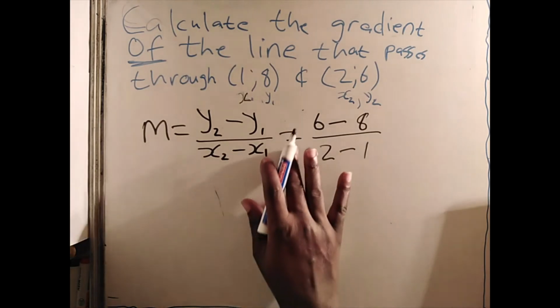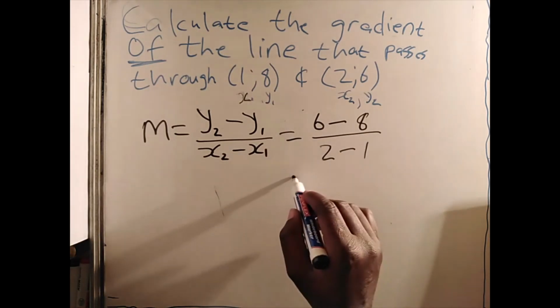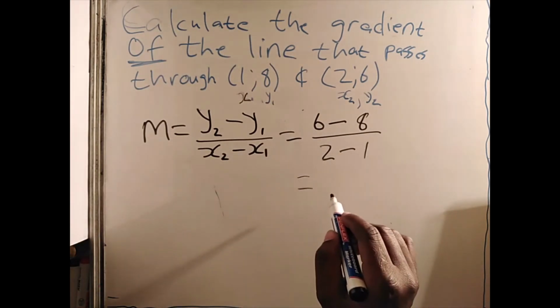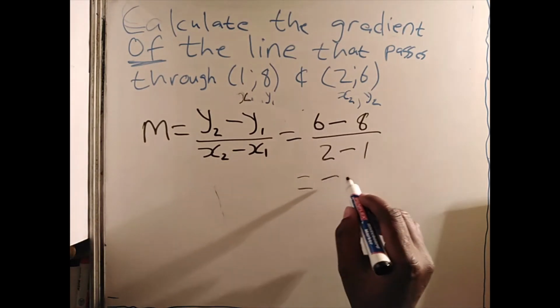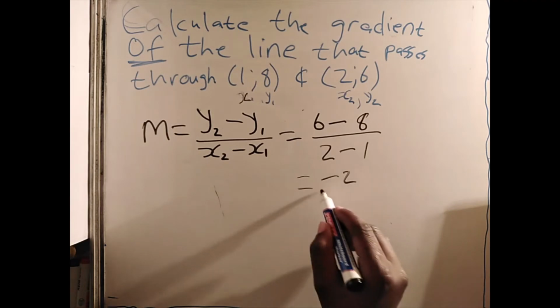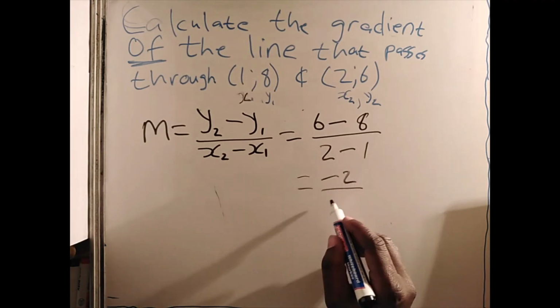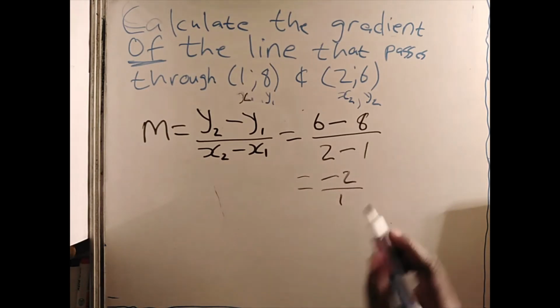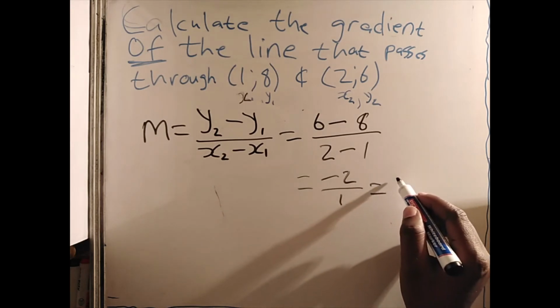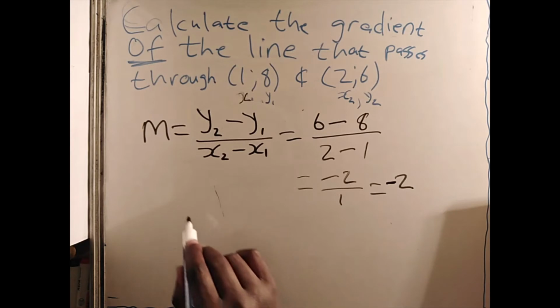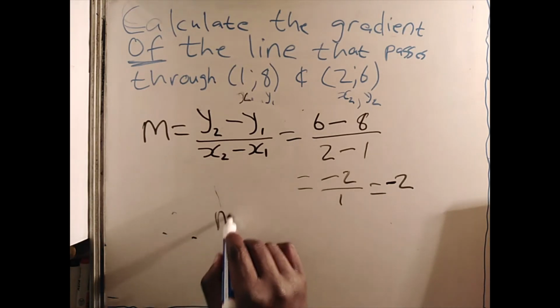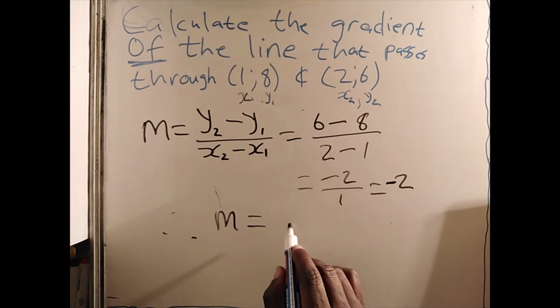This will then give us 6 minus 8, that is minus 2, divided by 2 minus 1, that is 1. This means our final answer is minus 2. So m is equal to minus 2.